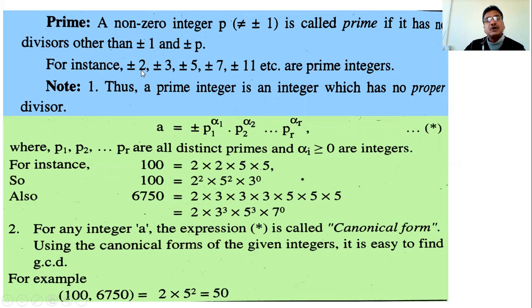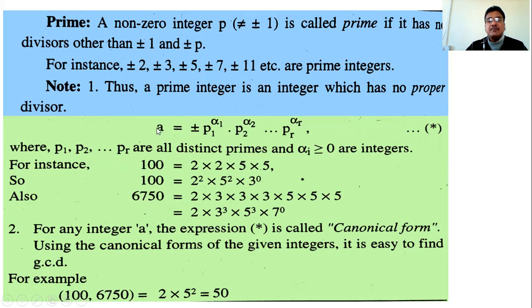This is the list of prime integers or prime numbers. So we say a number is called prime if it has only 2 divisors, itself and 1. This is a very simple definition of prime numbers.